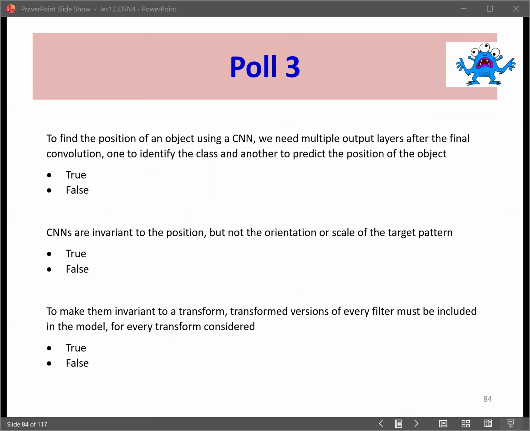So, here is the third point. Fifteen seconds, guys.